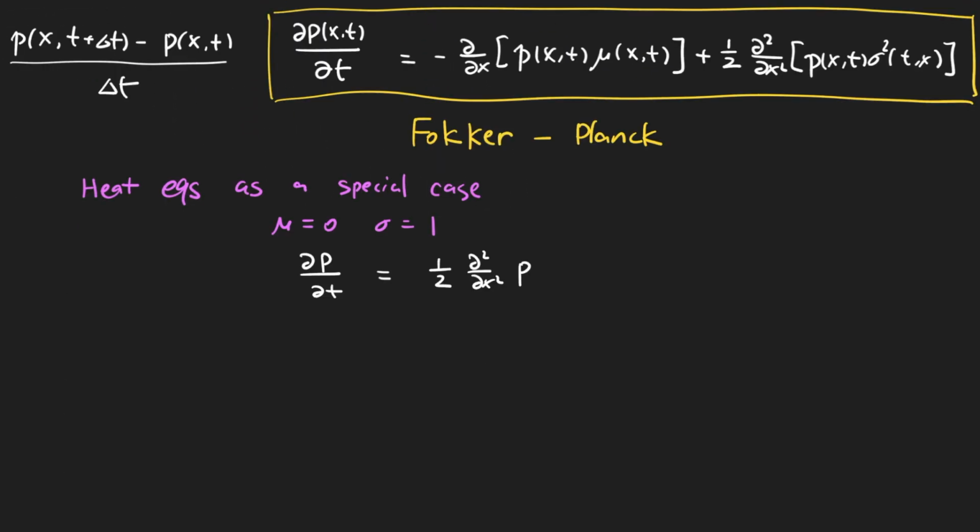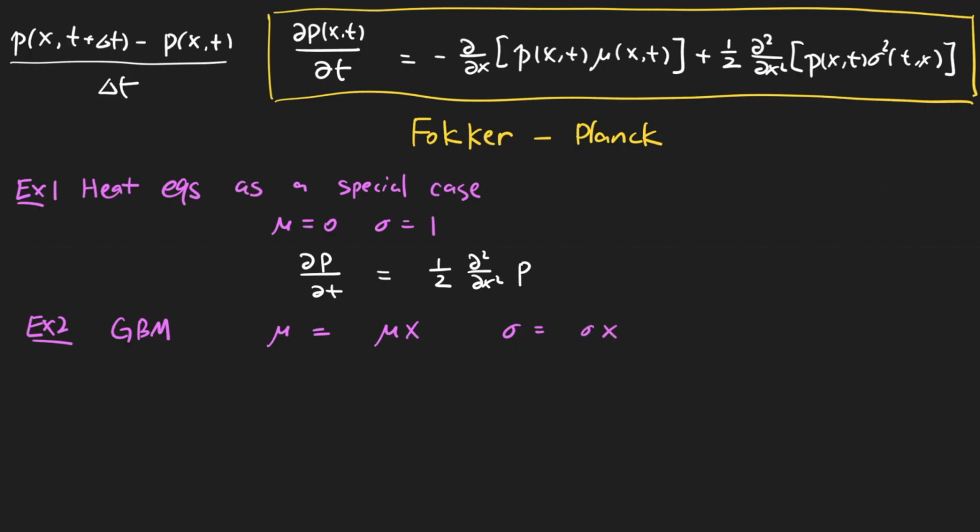Okay, let's look at another example. Let's look at the geometric Brownian motion. So in the case of geometric Brownian motion, we'll have mu equals a constant mu times x, and then we'll have sigma equals sigma times x.